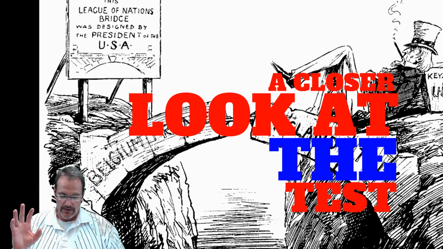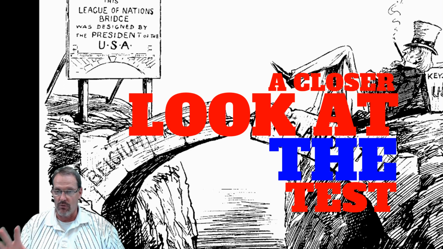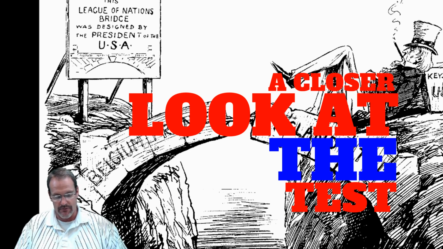We talked about the alliance system. We looked at the war and how it generates into a no man's land, a war that's stalemated with trenches. America gets involved through the sinking of its ships by U-boats, undersea boats.